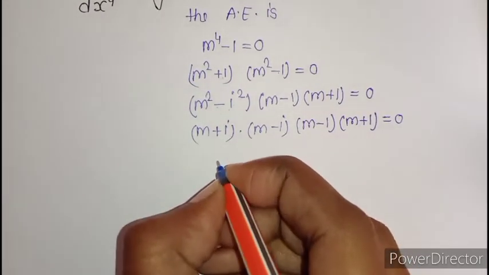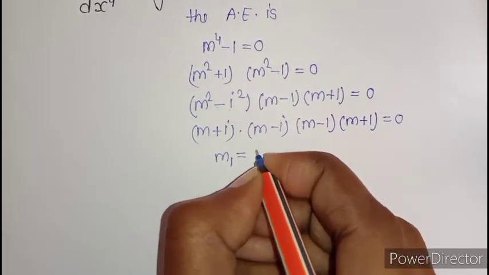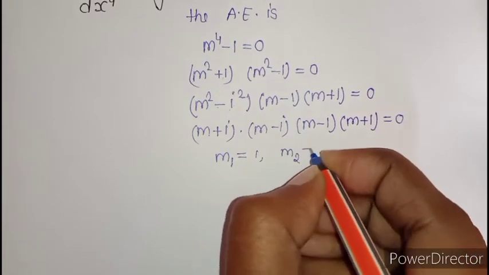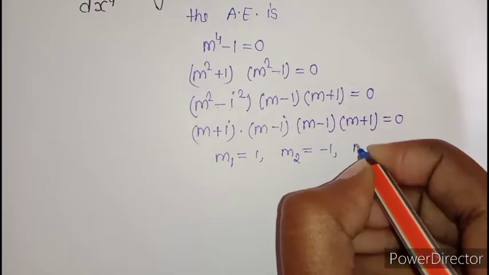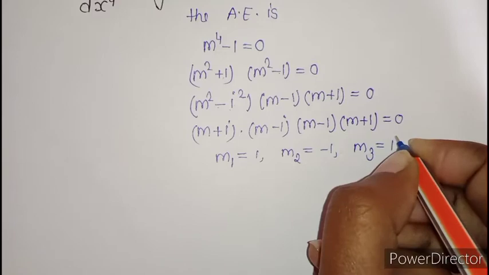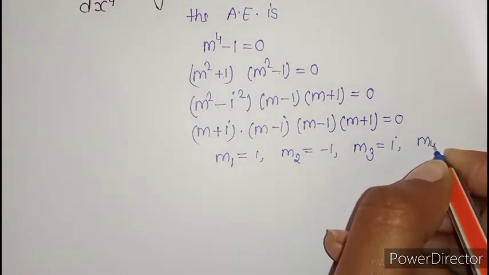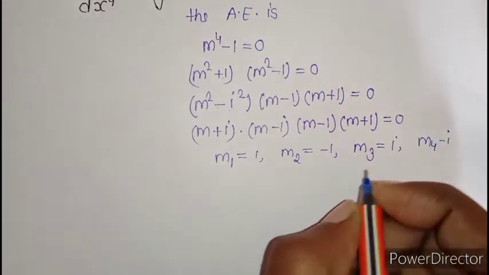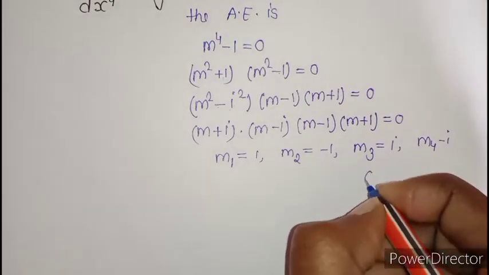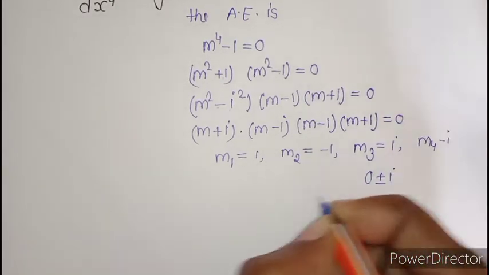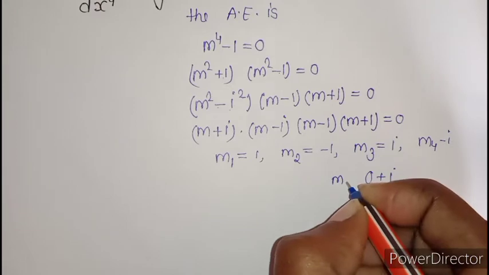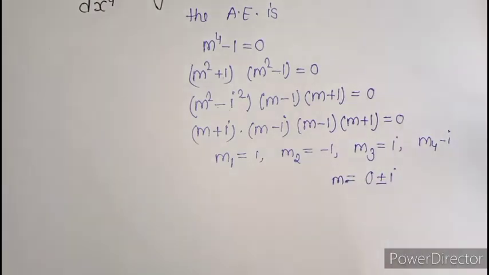So if we write the roots, then m1 is equal to 1, m2 is equal to minus 1, and m3 is equal to i, m4 is equal to minus i. Or we can write it as 0 plus minus i.